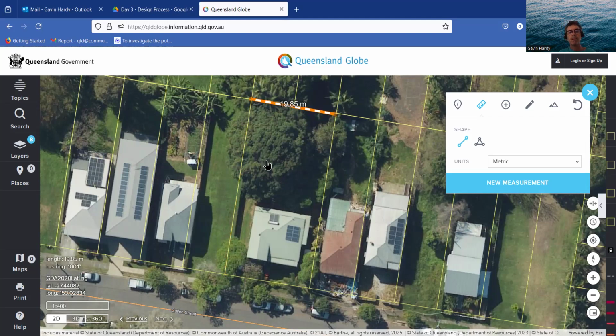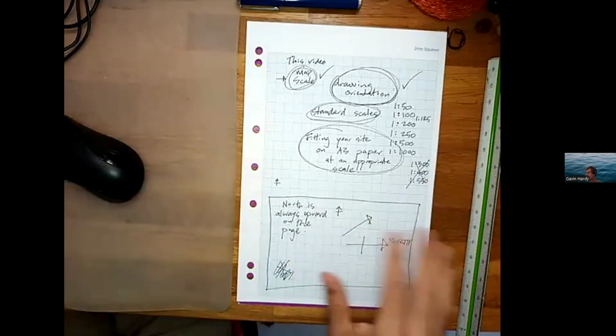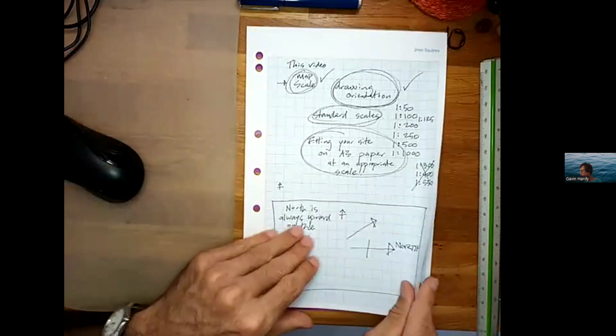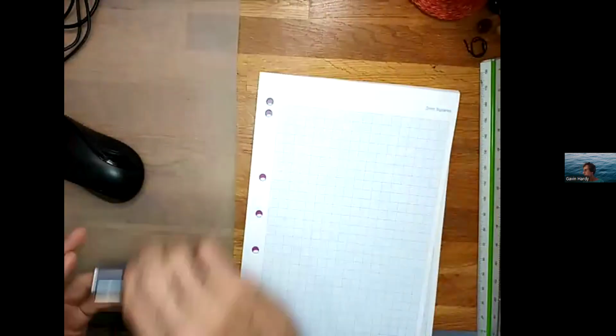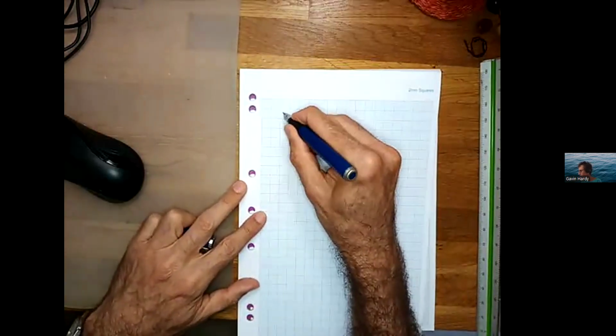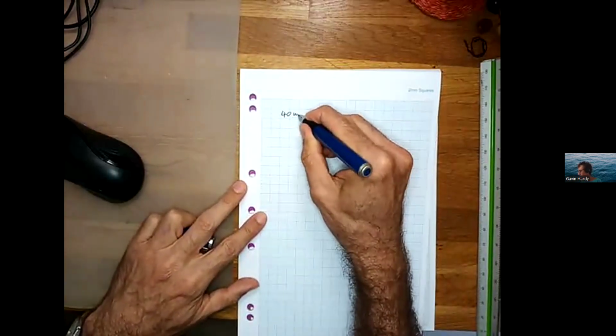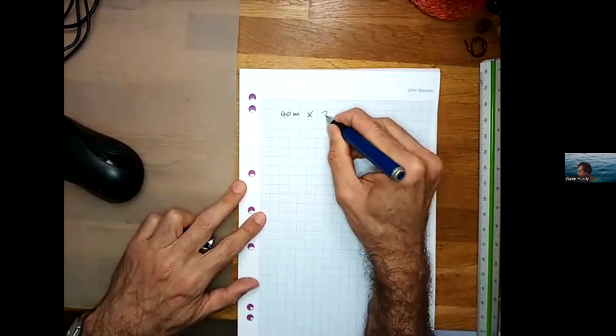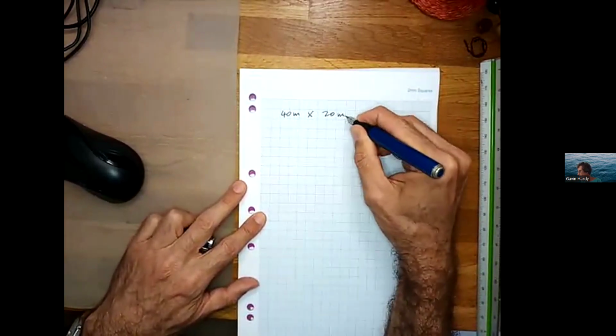So if we jump back into our over the top camera, our site was 40 meters by 20 meters, wasn't it?